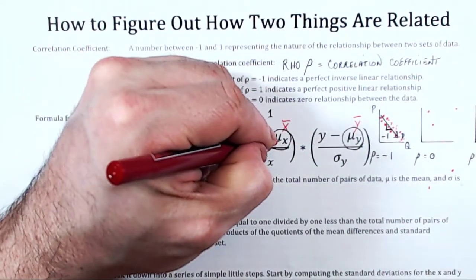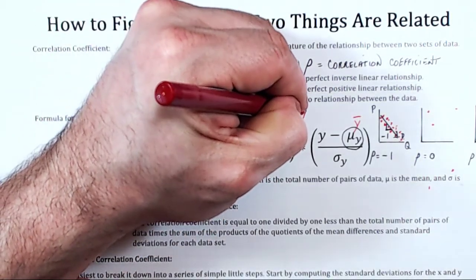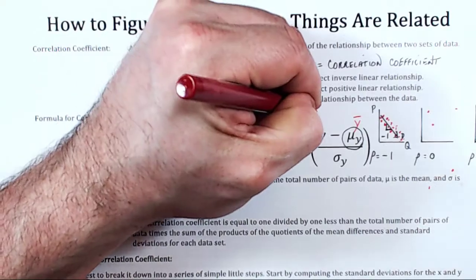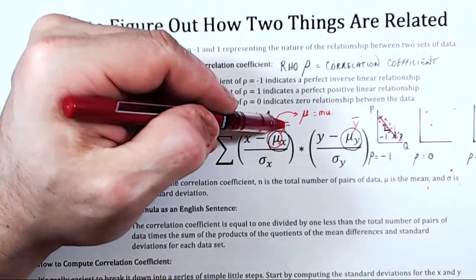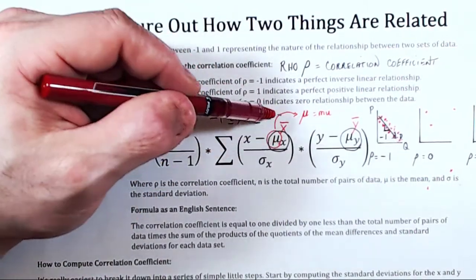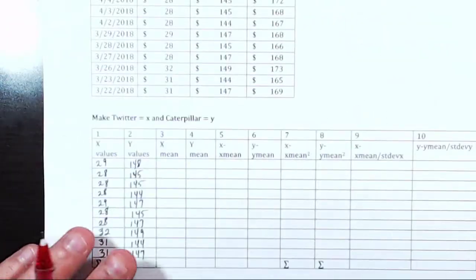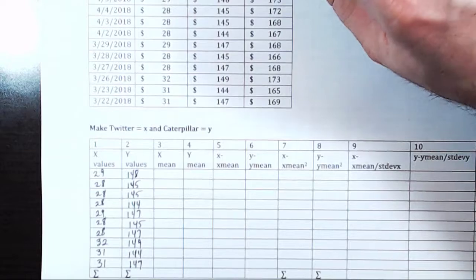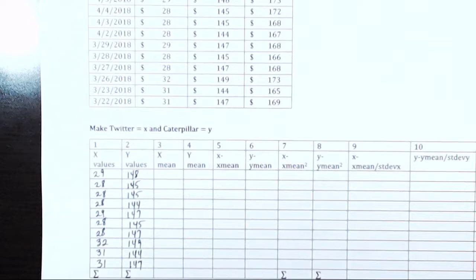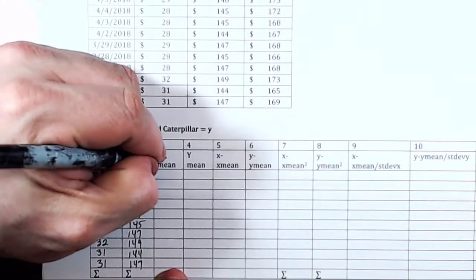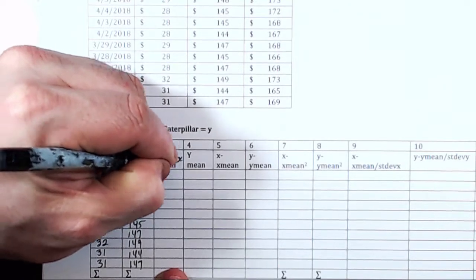By the way, this Greek letter is called mu. So we can call it mu x, x bar, mu y, y bar. It's the same thing. It's the mean of whatever I'm talking about.